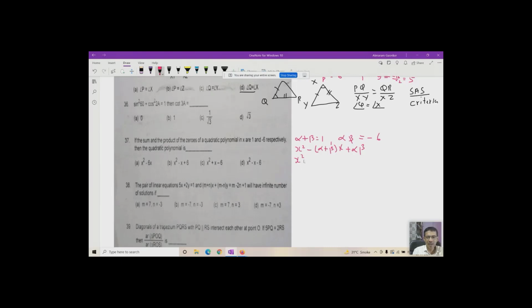So x square minus x, and alpha beta is minus 6, so minus 6. This is the required quadratic polynomial: x square minus x minus 6. That is option C. So the answer is not C, it is D.